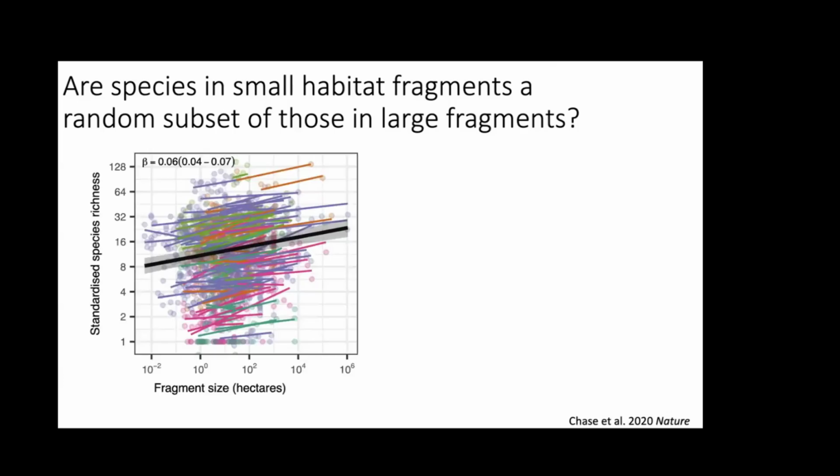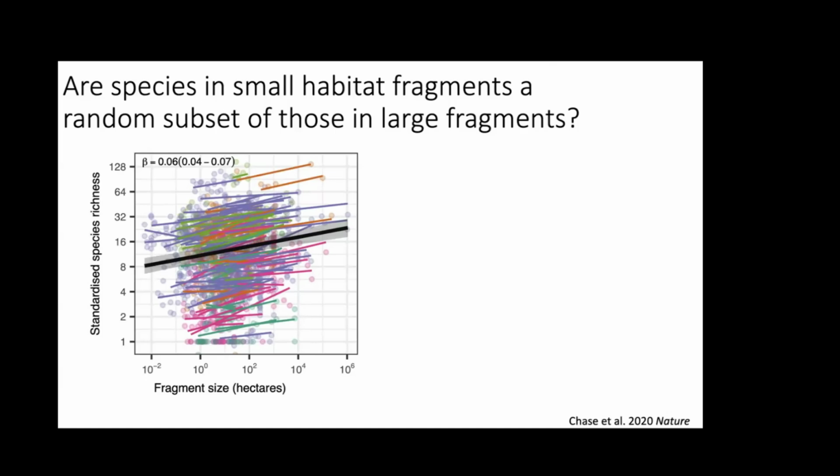This is just one of the figures from this paper to ask whether or not this pattern of the relationship between fragment size and standardized species richness was increasing across many different systems. Each of the different colored lines here, I think from memory, represents a different taxa.